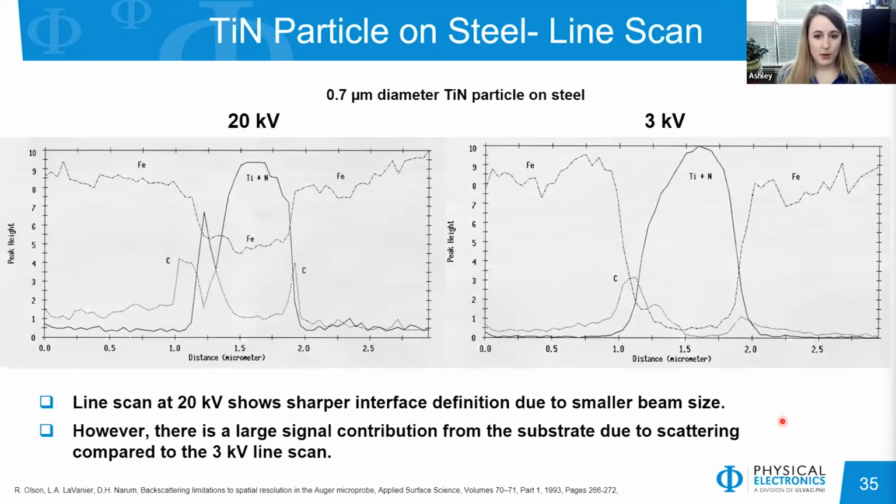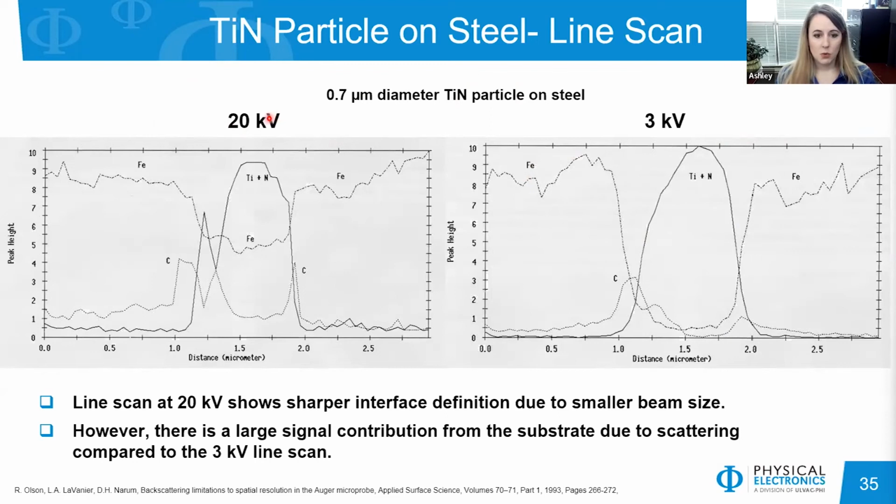Spatial resolution and beam scattering effects can also be inferred from line scan data. This is an example of a line scan taken across a 0.7 micron titanium nitride particle on steel. The left line scan was acquired using a 20 kV beam and the right line scan using a 3 kV beam.